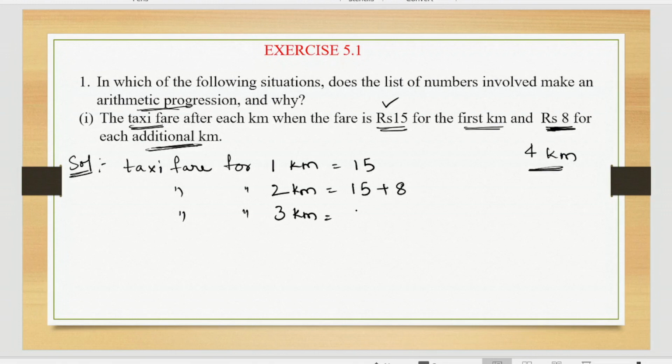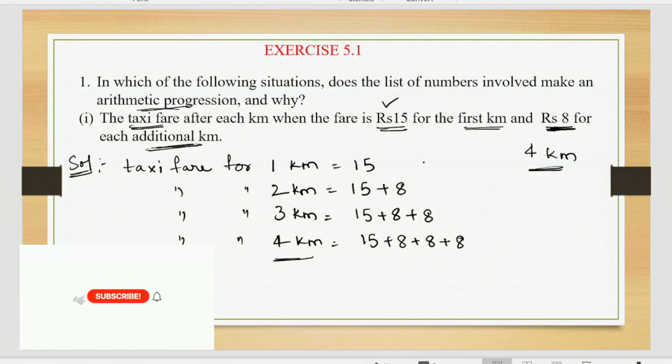For 2 kilometers, it is 15 plus 8, and for the extra 1 kilometer, he will be charging us rupees 8. And what is the taxi fare for 4 kilometers? For 3 kilometers it is 15 plus 8 plus 8, and for the additional 1 kilometer, it is plus 8.